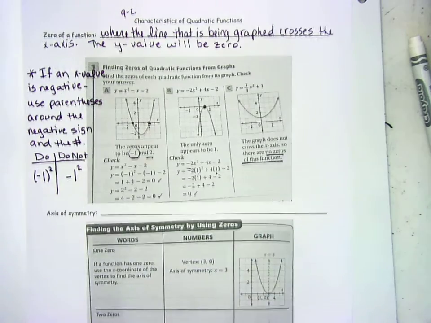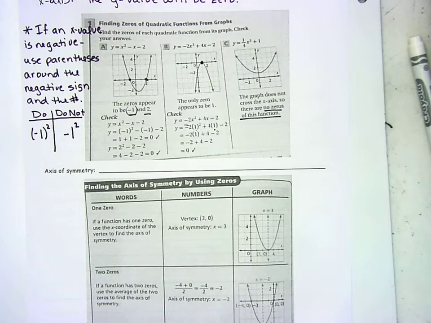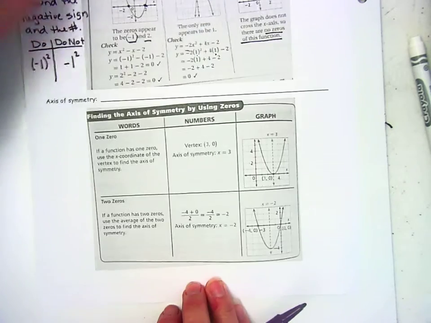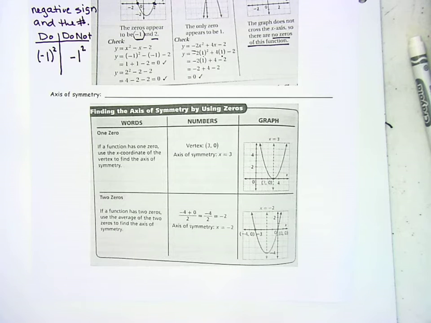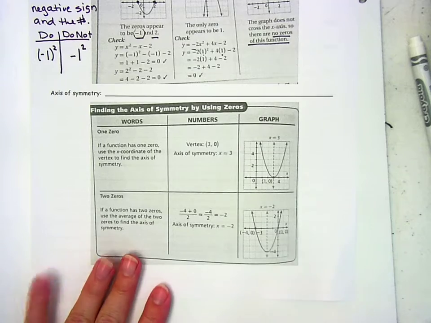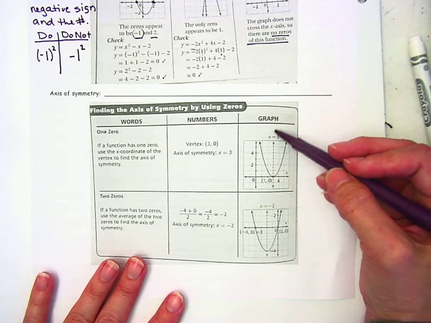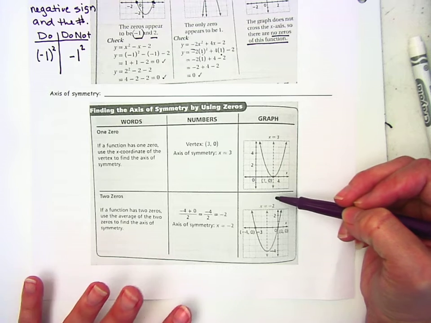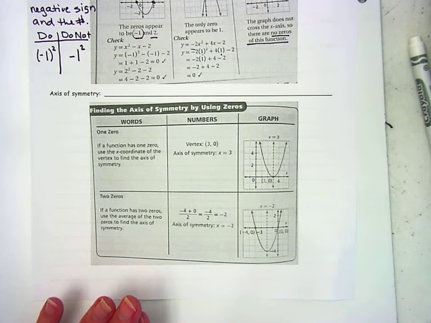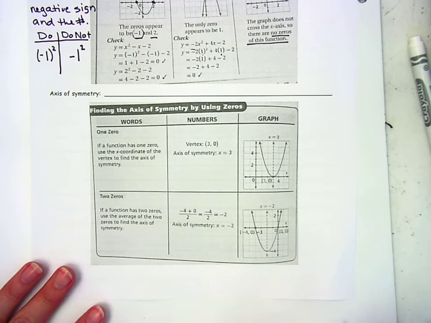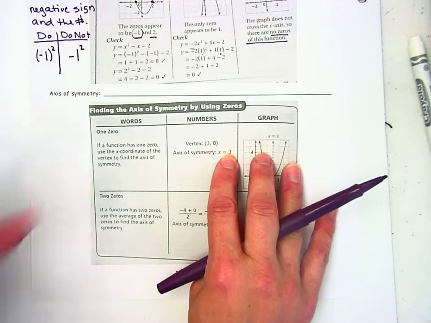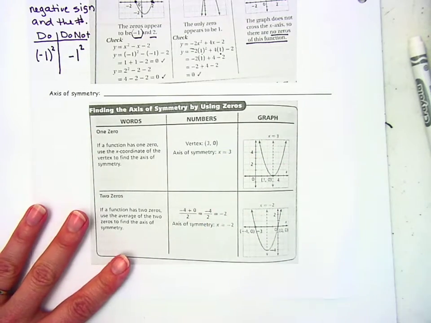Okay, let's talk about axis of symmetry. Thinking back to your elementary years, in 4th grade we talk about symmetry. What does symmetry mean? Violet, what does it mean? The same. It's the same on both sides. Guess what? That word has not changed. It still means the same on both sides. You're going to be putting a line directly down the middle. You're going to bisect this parabola, creating symmetry on both sides. Let's actually get the definition here.